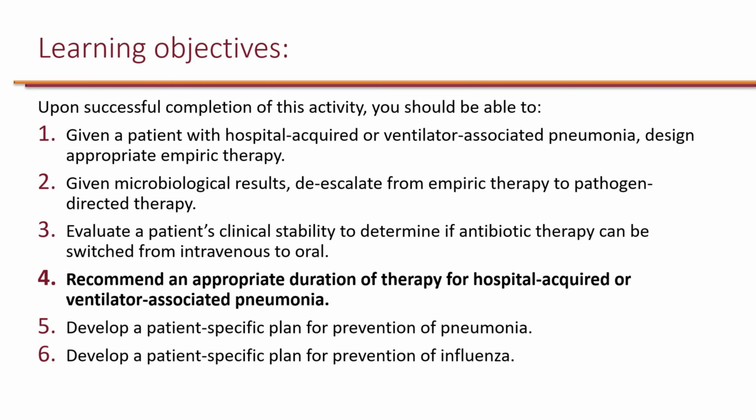Given a patient with HAP and VAP, we design appropriate empiric therapy, and given microbiological results, we de-escalate from empiric therapy to pathogen-directed therapy. We also evaluate a patient's clinical stability to determine if antibiotics could be switched from IV to PO. Now, let's recommend an appropriate duration of therapy for HAP or VAP.